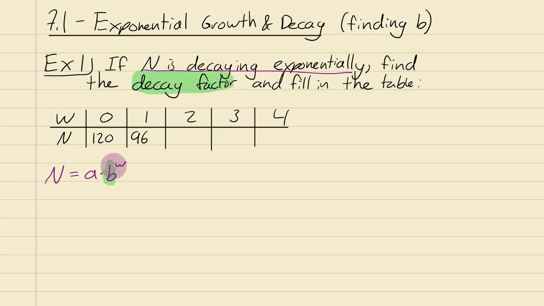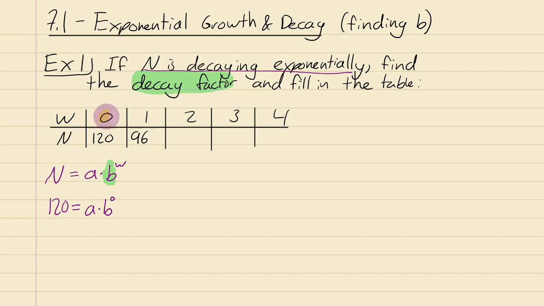So I'm going to do this the long way, and then I'll also show you the short way. What I would call the long way is just plug in 0 and 1 to get a couple of equations with a and b in them. If you plug in w equals 0 on the right side, that gives you a times b to the power 0, and the result there would be 120.